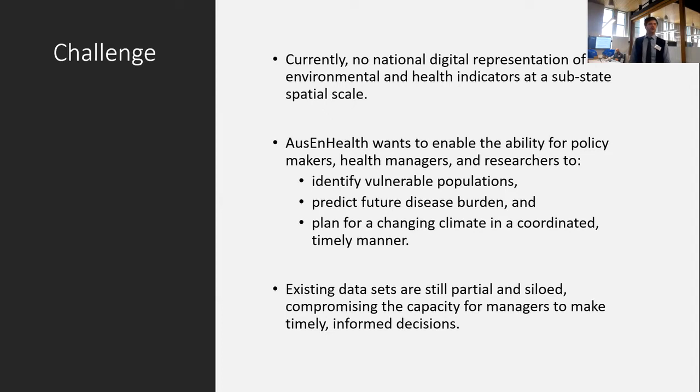So the resolutions that we've considered are SA2, 3 and 4 and LGA, if people are familiar with the ASGS standards in Australia. But they're aggregate geographical regions that are based on population density and features of populations in Australia. We've also considered grid data, but for visualization purposes in a proof of concept platform, grid data can be quite large. So we'll get there.